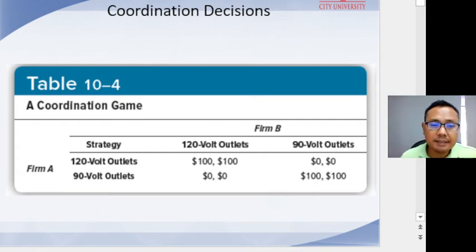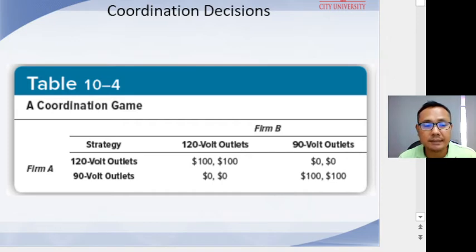So the game in table 10.4 has two Nash equilibria. One Nash equilibrium is for each firm to produce 120 volt appliances. The other is for each firm to produce 90 volt appliances. So the question is how the firms will get to one of these equilibria. If the firms could talk to each other, they could agree to produce 120 volt systems.